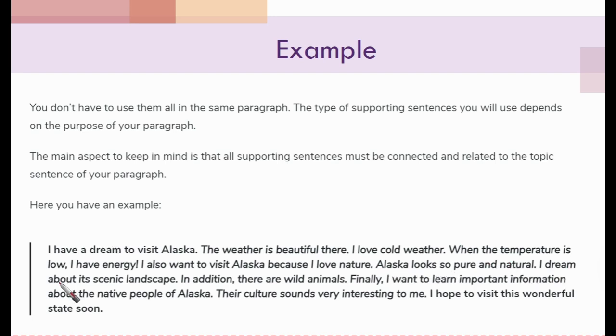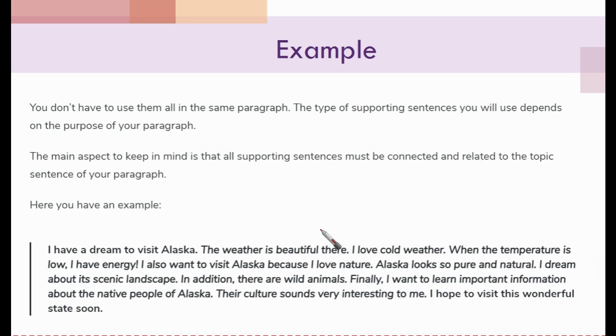I dream about its scenic landscape. In addition, there are wild animals. Finally, I want to learn important information about the native people of Alaska. Their culture sounds very interesting to me. I hope to visit this wonderful state soon.